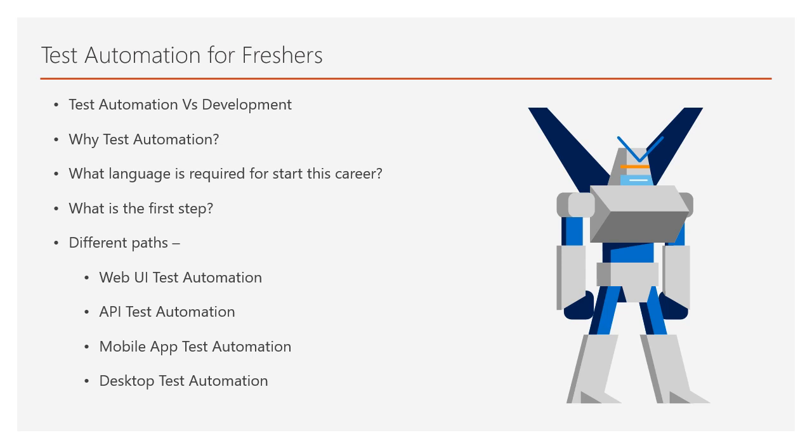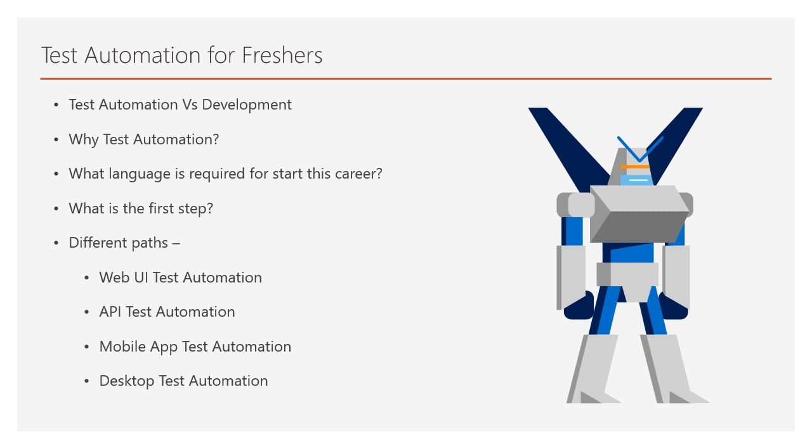So what are the different paths available in this particular automation role? Once you start learning automation, you can automate web applications, meaning anything that runs in the browser.